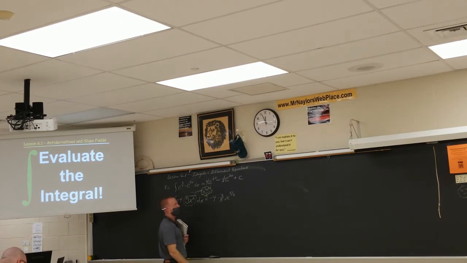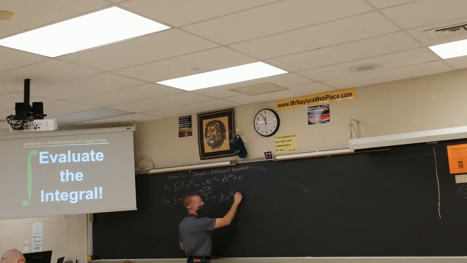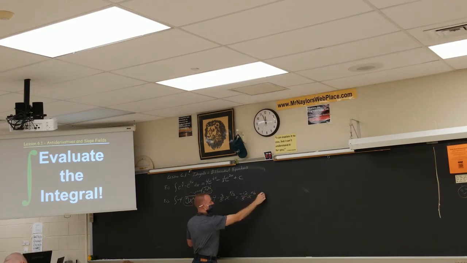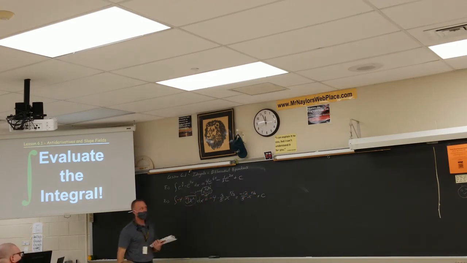But when I divide by 5/3, it's like multiplying by 3/5. And then definitely I would expect you to clean up house here and write this as -12/5 x to 5/3. Plus C. Don't forget the plus C.